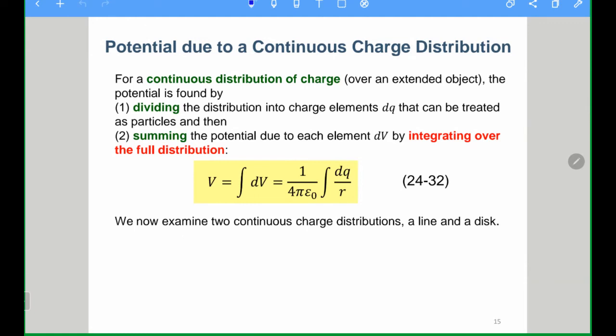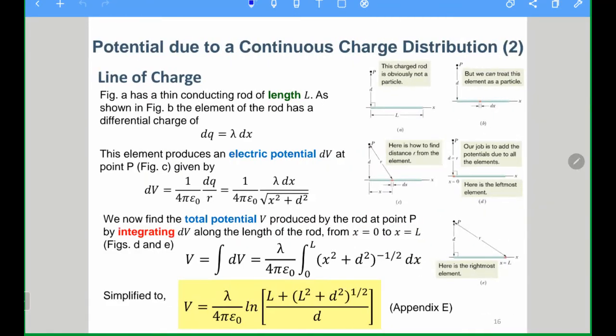Okay, so we now examine two continuous charge distributions, a line and a disk. We use the same structure as before, but here we would like to calculate the potential rather than the E field.